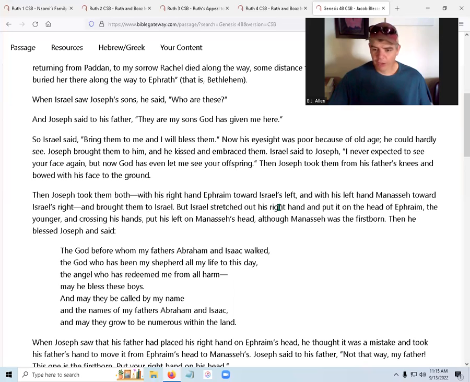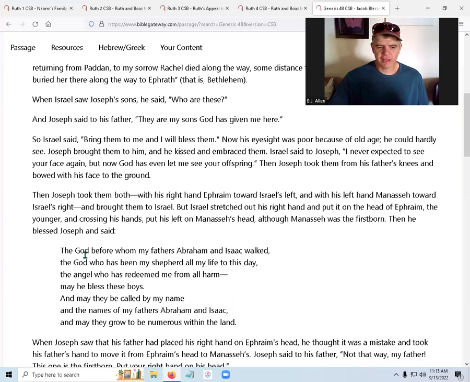Israel stretched out his right hand and put it on the head of Ephraim, the younger, even though Ephraim was towards his left. Crossing his arms, he put his left hand on Manasseh's head, although Manasseh was the firstborn.